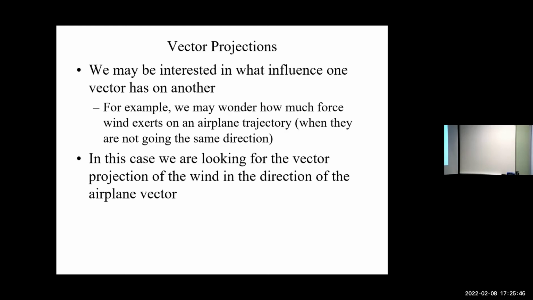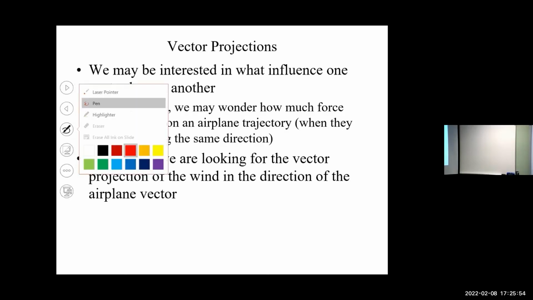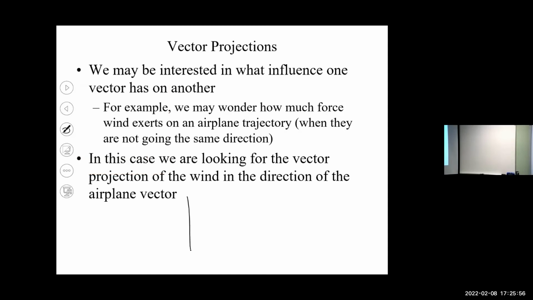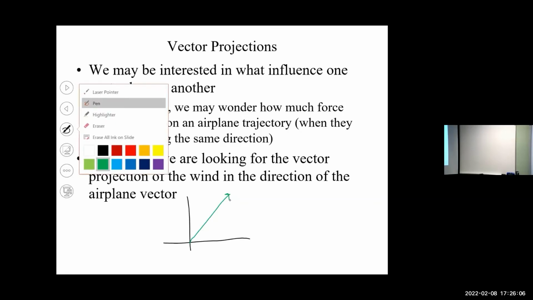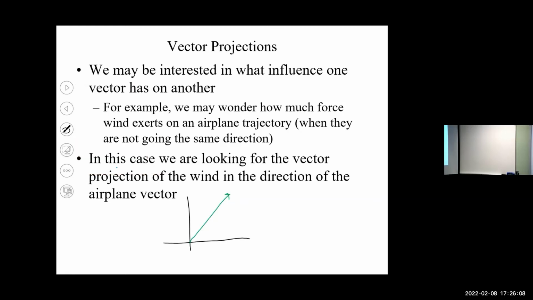So let's say we have a plane vector in green here, and then we have another vector for our wind in blue. So the blue is our wind here.